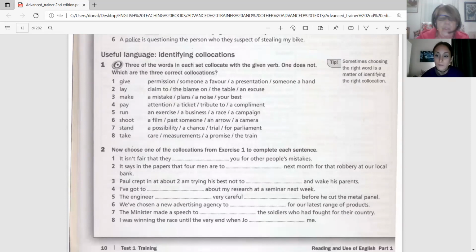Perché le collocation sono importanti, nel senso che imparare un verbo da solo è limitativo in inglese, perché ogni verbo, ad esempio per dirti permission, che è il primo che vediamo, va bene give. Non puoi usare qualsiasi verbo. Devi usare il verbo giusto. È la stessa cosa in tutte le lingue.